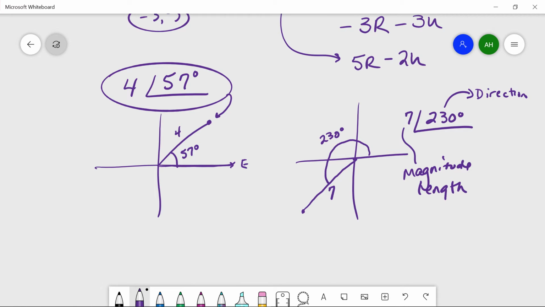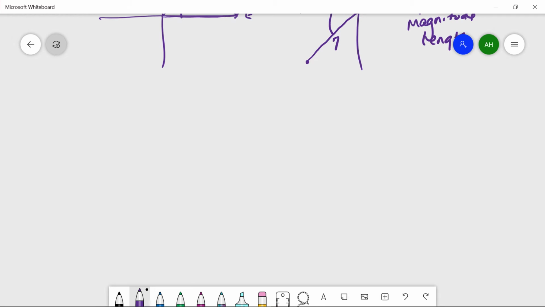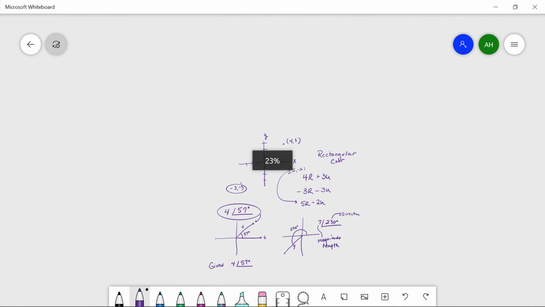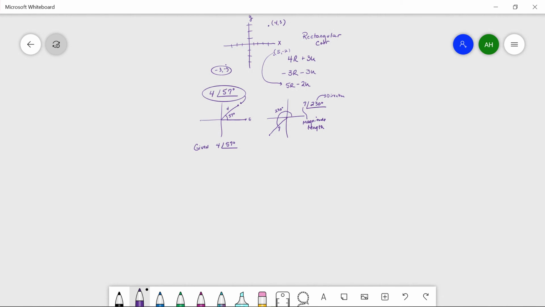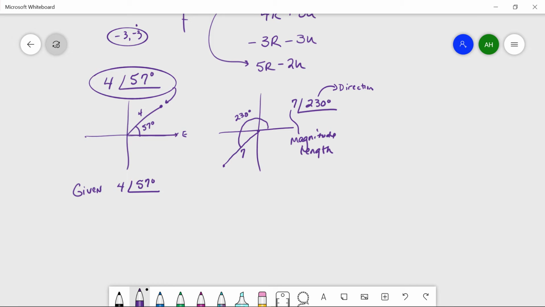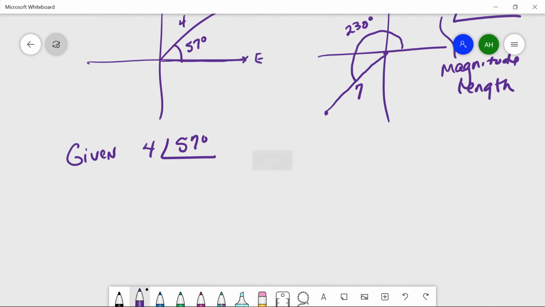Okay, so if we're given this vector 4 and 57 degrees, we can change this from this polar coordinate into a rectangular coordinate using sine, cosine, and tangent.